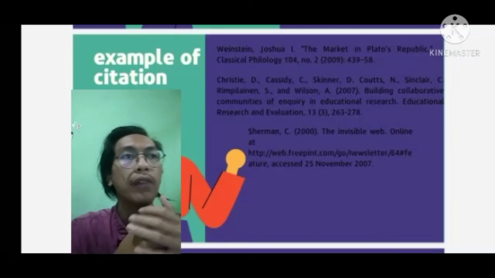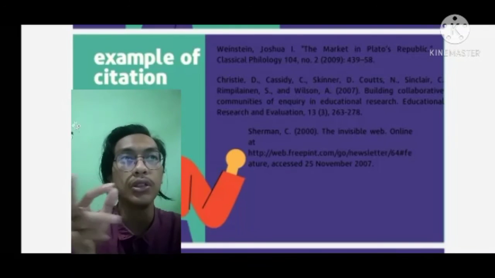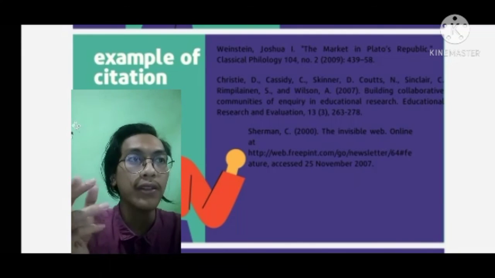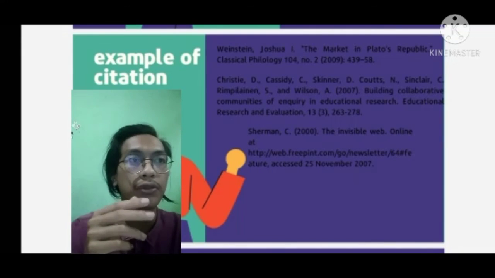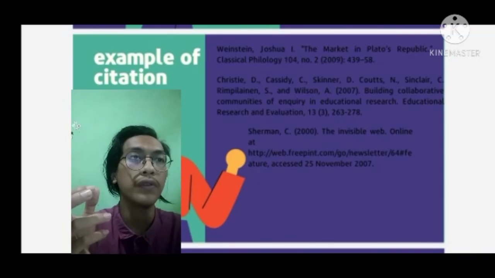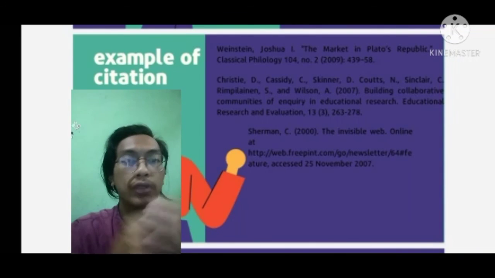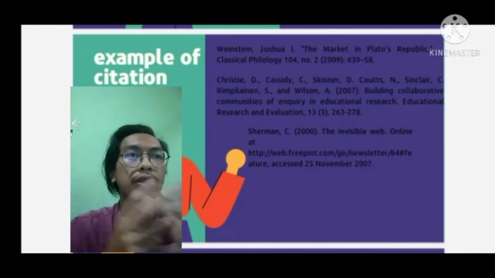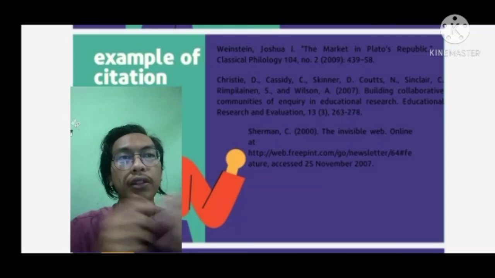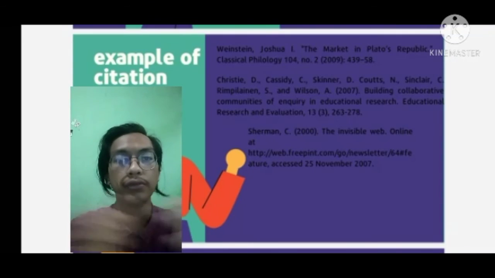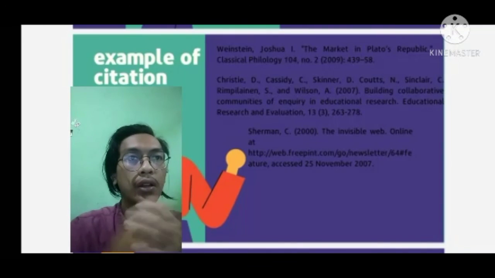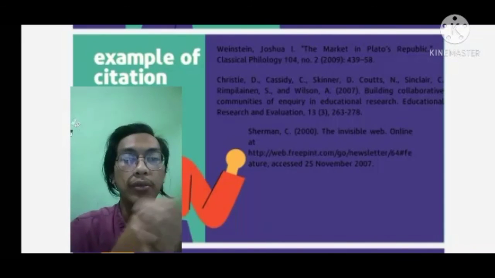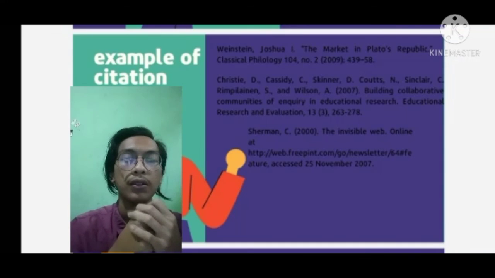For example, here we have 104, comma, number 2, and then in parentheses we have 2009, which is the year of publication of the text or book. And then after that a colon, then 439 to 58, which is the page number of the text. Okay, that's all.